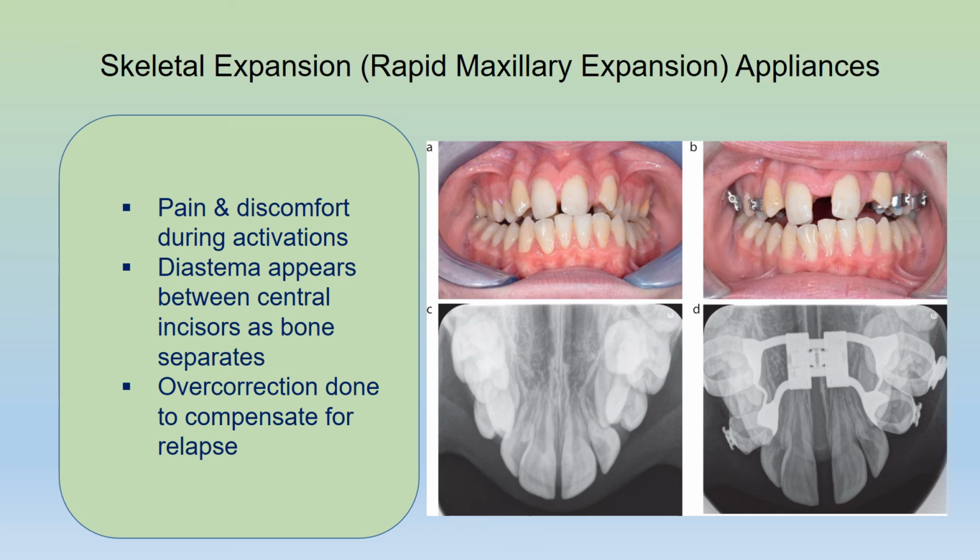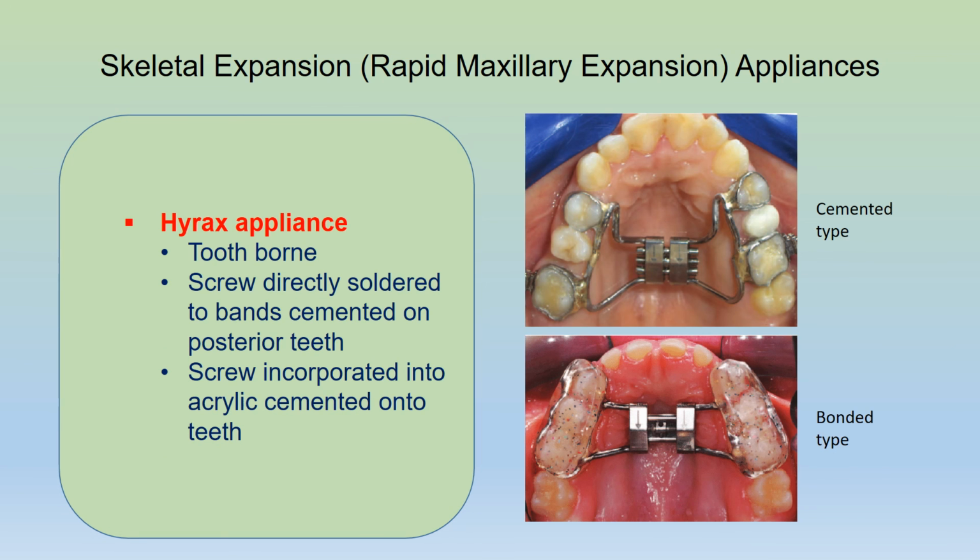Now the problems with skeletal expansion are that it may give rise to pain and discomfort during activation. A diastema appears between the central incisors as the bone separates. The expansion is usually overdone to compensate for any relapse. An example of the rapid maxillary expansion appliance is the Hyrax appliance.